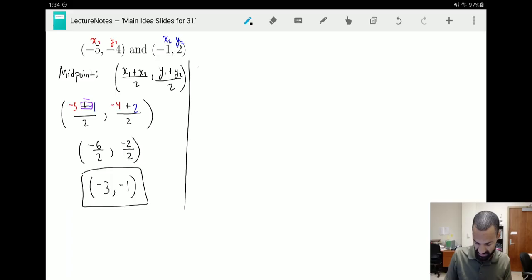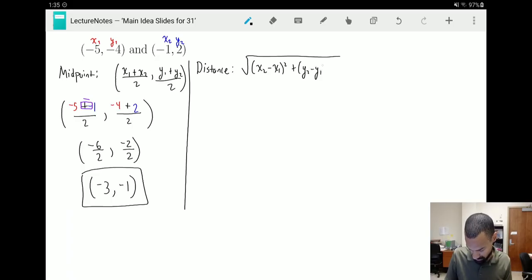Okay, let's find the distance now. Remember the distance formula. We want the square root of the difference in the x values squared plus the difference in the y values squared. The square root of all that. Well, I'm going to use the same 2 points.